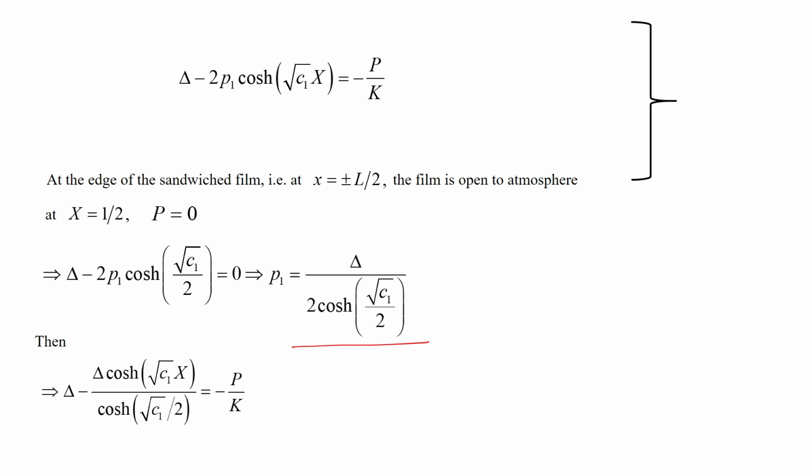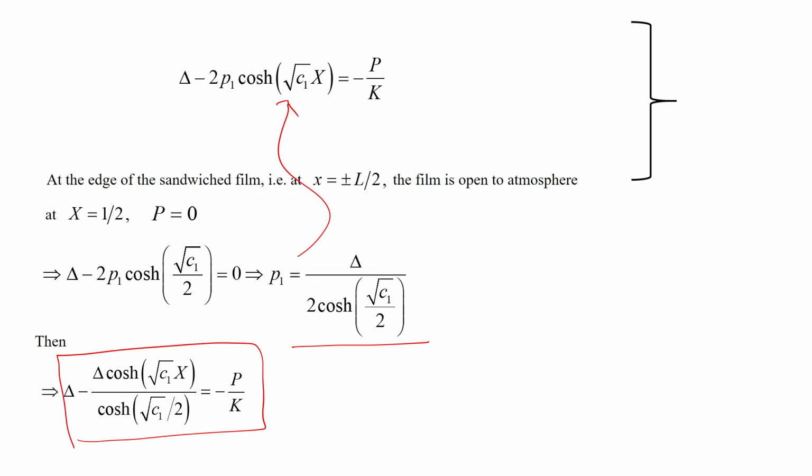So, instead of p1 I will substitute this p1 expression over here, and I will get delta minus delta cosh of square root of c1 x divided by cosh of square root of c1 L by 2 is equal to minus P by K here.